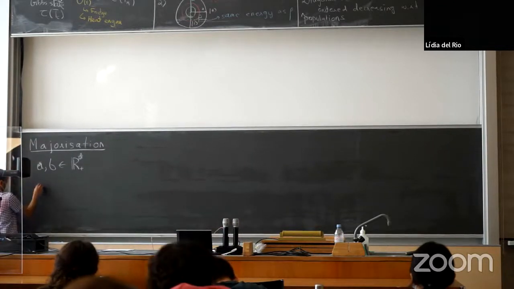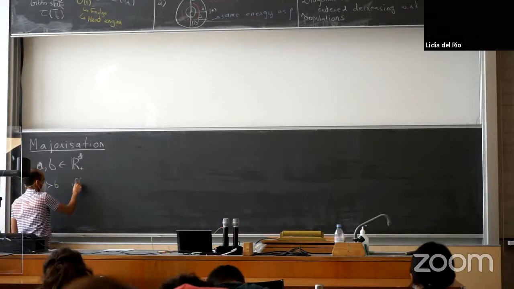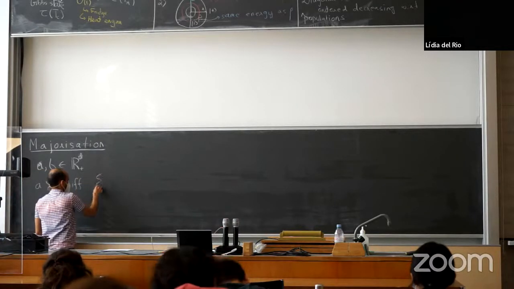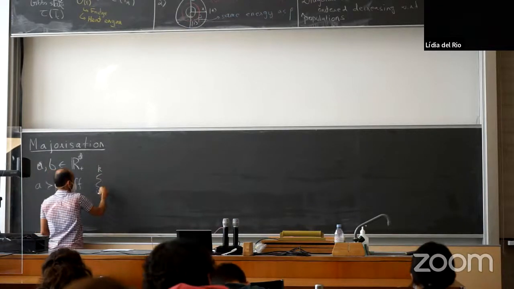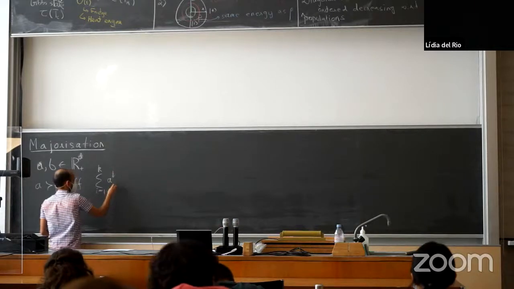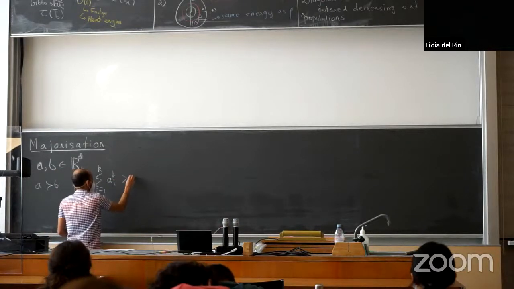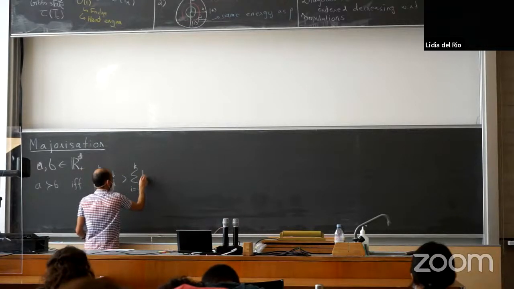And A is said to majorize B if and only if, for any k from 1 to d, the sum of the k largest elements of A is greater than or equal to the corresponding sum of the k largest elements of B.